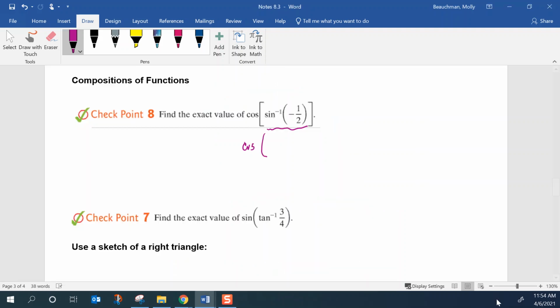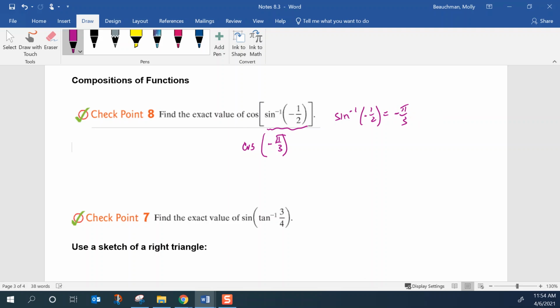So the inverse sine of negative 1/2 is negative pi over 3. So the inverse sine, let me write it down this way. The inverse sine of negative 1/2 is equal to negative pi over 3, because it has to be between negative pi over 2 and pi over 2.